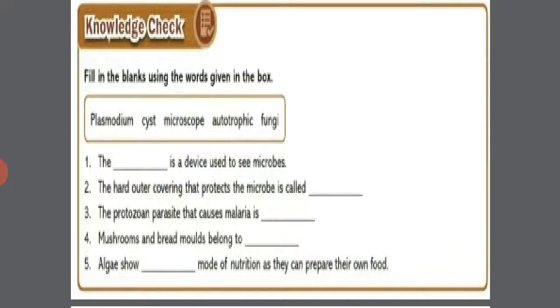Mushroom and the bread molds belong to what? Fungi. Algae show autotrophic mode of nutrition as they can prepare their food by themselves. So the protozoa parasite that causes malaria is Plasmodium. The outer covering that protects the microbes is called cyst. Got it? All the fill in the blanks are done now.